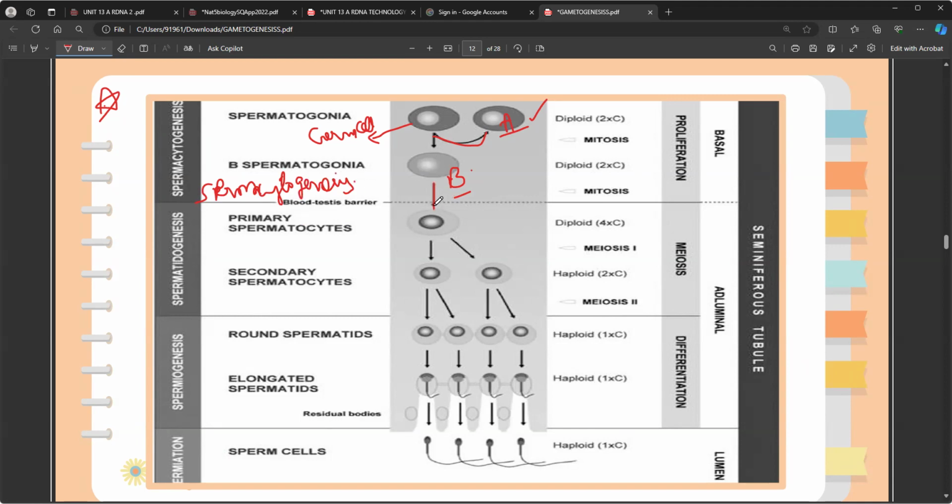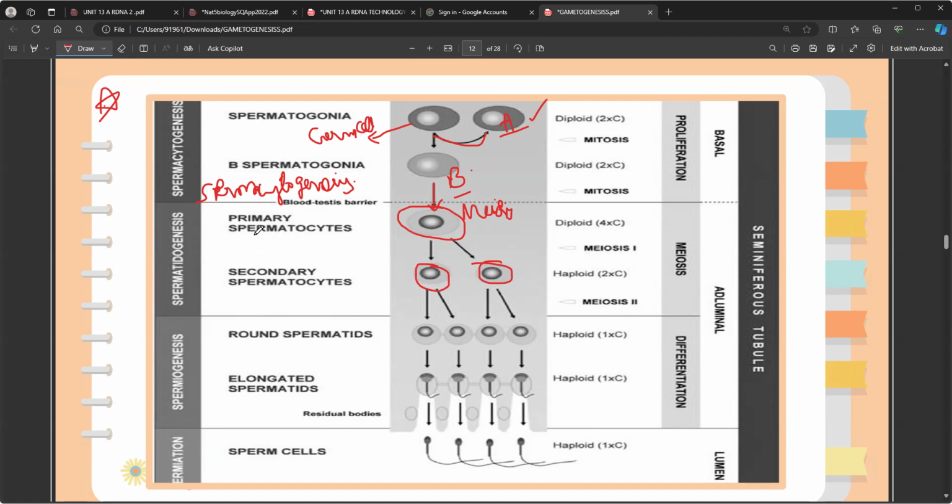Now, friends, this type B spermatogonia undergoes meiosis and gives rise to the primary spermatocyte. The primary spermatocyte undergoes further meiosis, giving rise to the secondary spermatocytes.